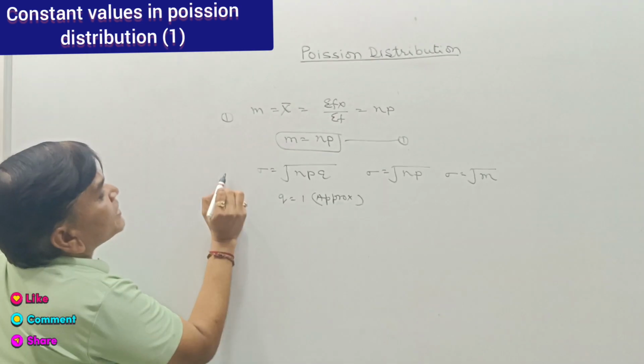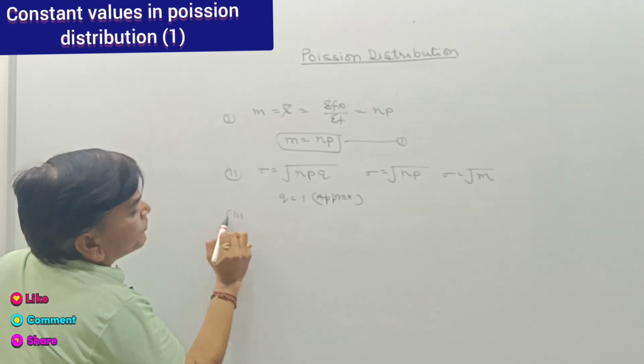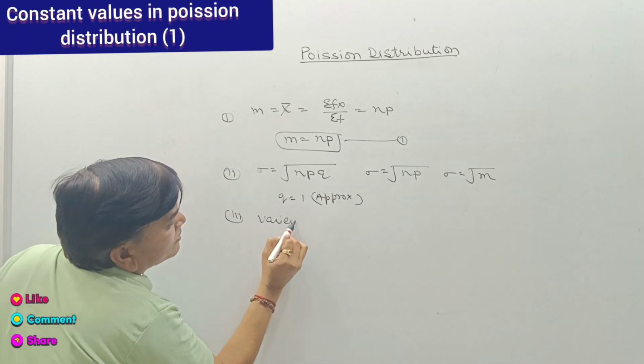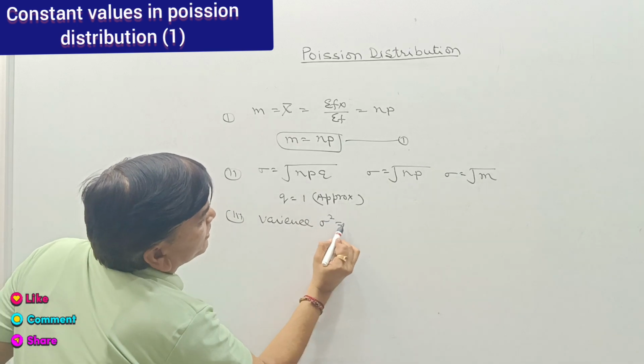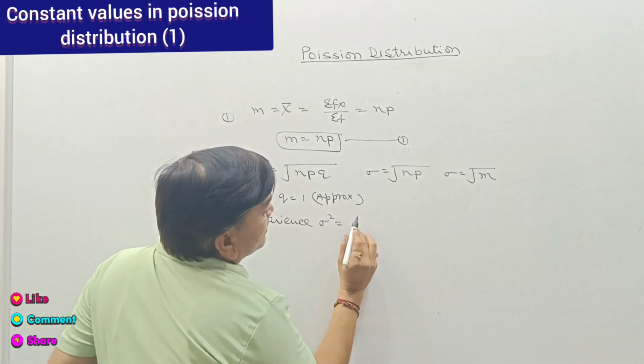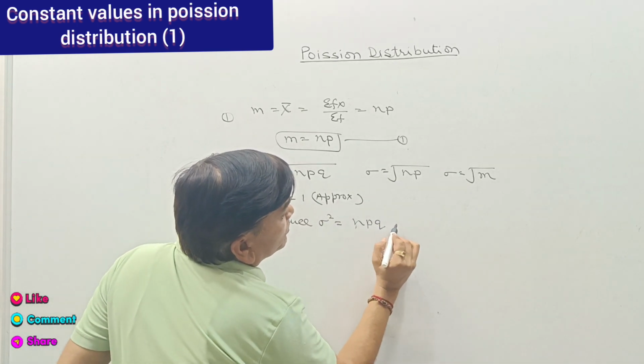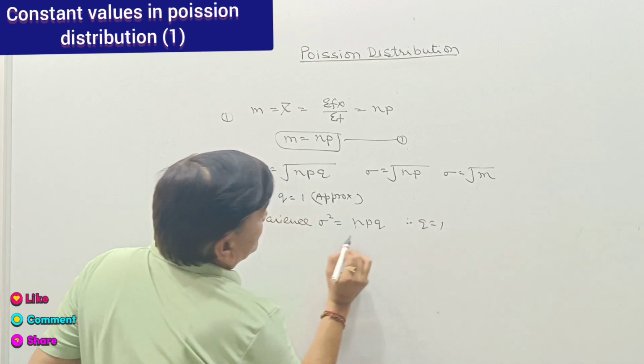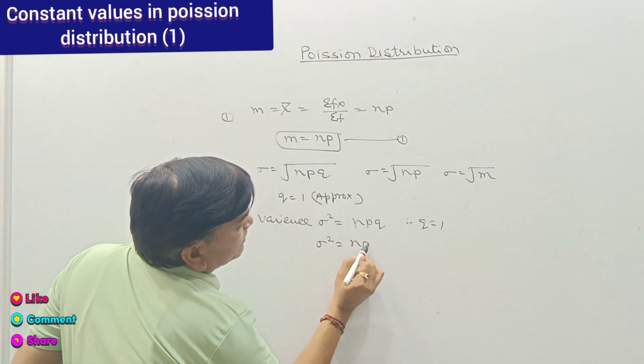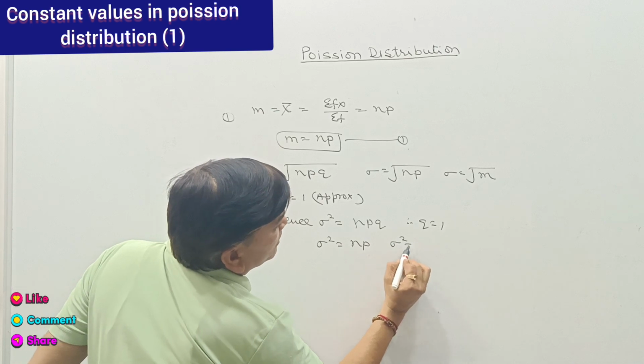This is the first formula, this is the second formula. And for variance, that is standard deviation square, will be npq. Q is equal to 1, so standard deviation square is np, or standard deviation square is also m.